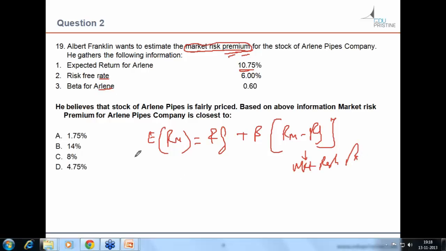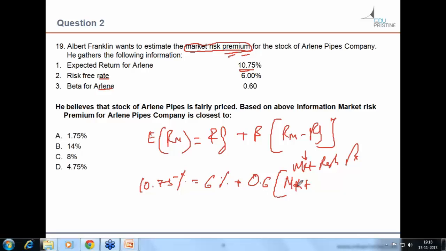That's our understanding. We have the expected return on this stock as 10.75%. We have the risk-free rate of 6%. We have the beta, that is 0.6, into the market risk premium, which the question is telling you to calculate.